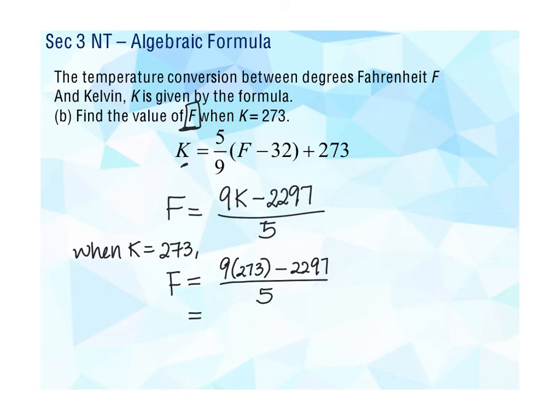Let us key this into the calculator. Fraction 9 bracket 273 close bracket minus 2297 over the denominator 5 will give me the number 32. So find the value of F when K equals to 273. F will be 32.